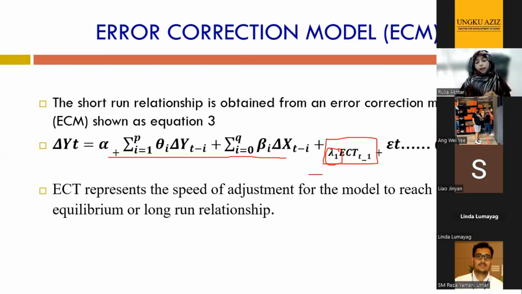If this value is negative and significant, there is a long run relationship between the variables. This is the speed of adjustment, meaning how many percent reach equilibrium from the short run to the long run, or how many years it takes to get back to the equilibrium point. In some articles they mention the percentage, which you can see from the analysis, but sometimes they mention the years. How do you get this year? I will show you later on.